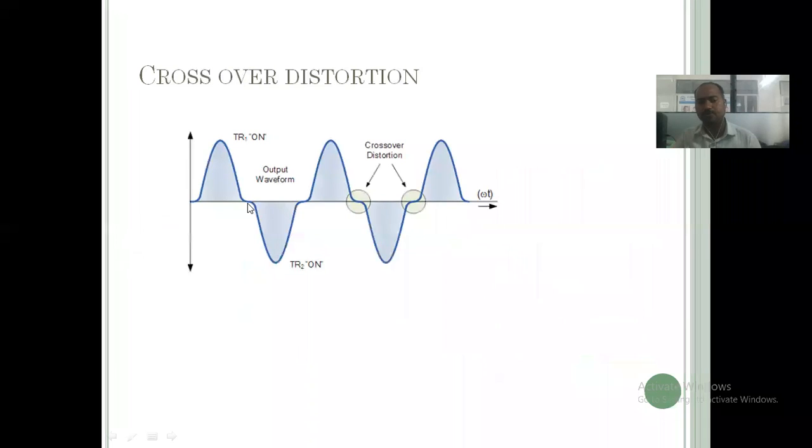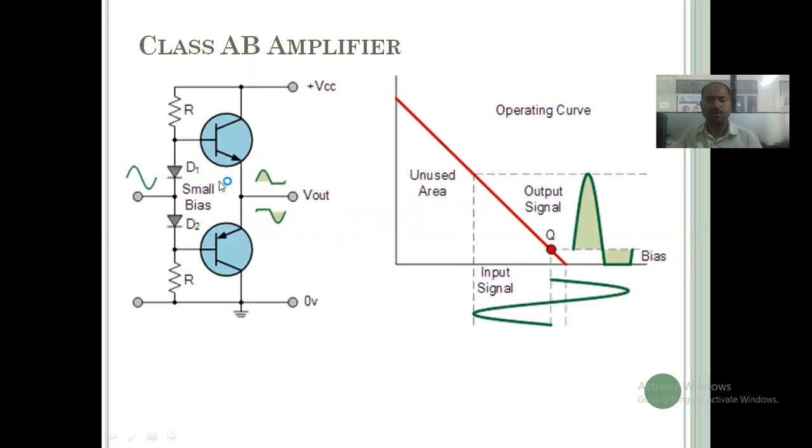When we use only one diode, only the positive crossover is reduced and the negative remains. So that's why we use two diodes, which bias the transistors during both the positive and negative half cycles, providing the bias during the portion of distortion.